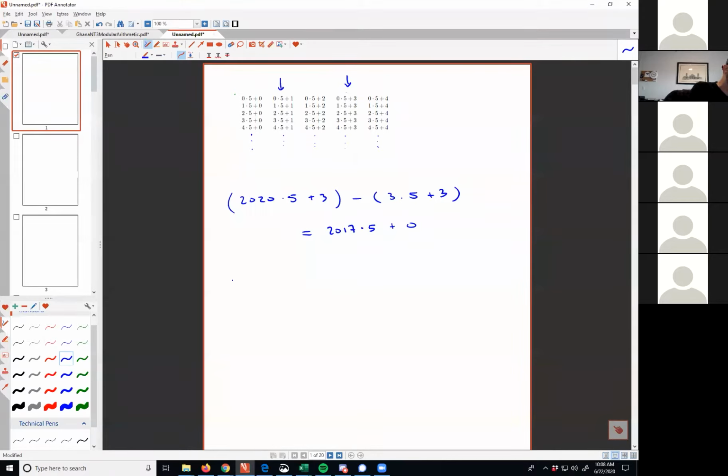If we subtracted 219 times 5 plus 1, that number is 1096, and we subtract 14 times 5 plus 1, which is 71, what do we get? 205 times 5 plus 0. 219 minus 14 is 205 times 5, but the ones cancel out. So plus 0.